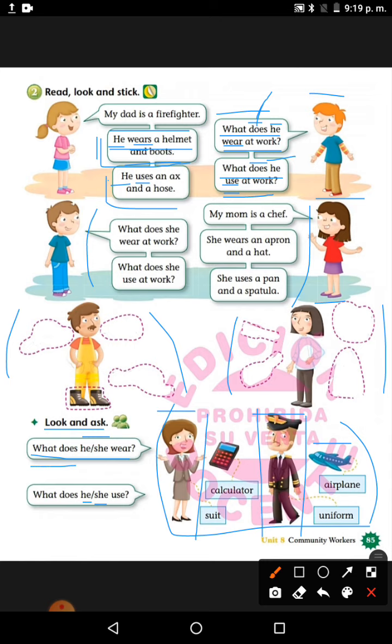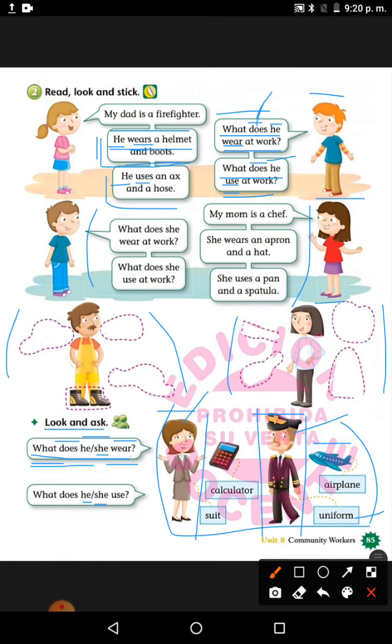So, what does he wear? Well, he wears an uniform. He wears. Now you know you have to add a letter S at the end of the verb in the answer because you are not going to use the auxiliary, okay? Now, if you make a question about the female, you are going to say, what does she wear?